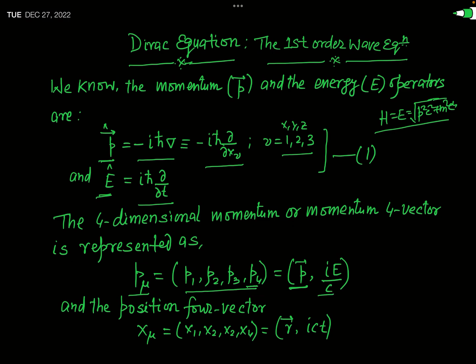So you can see that the energy is simply the 4th component of this momentum 4-vector. At the same time, the position 4-vector, or radius 4-vector x mu, has 4 components x1, x2, x3, x4. Here also x1, x2, x3 are the 3 position coordinates of the Cartesian coordinate system, and the 4th component of this position 4-vector is equal to ict.